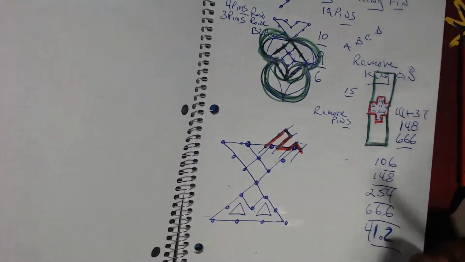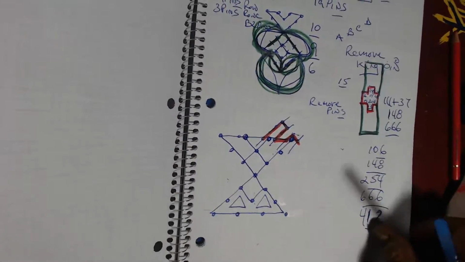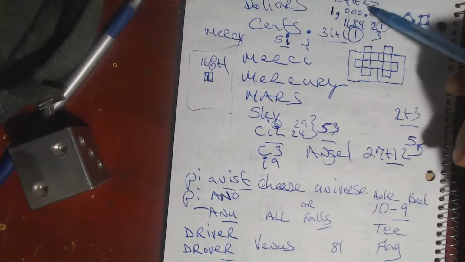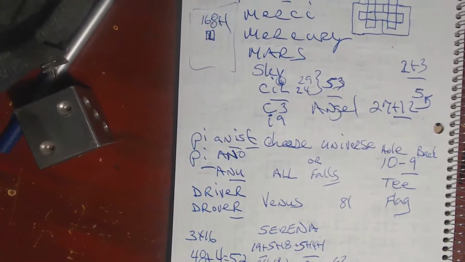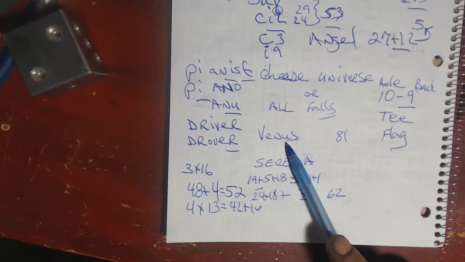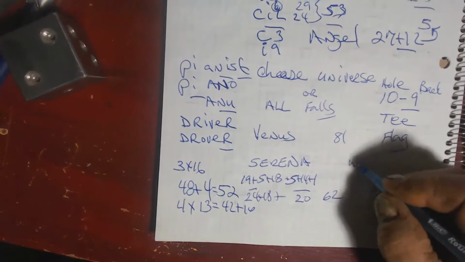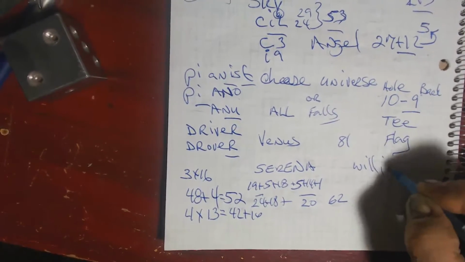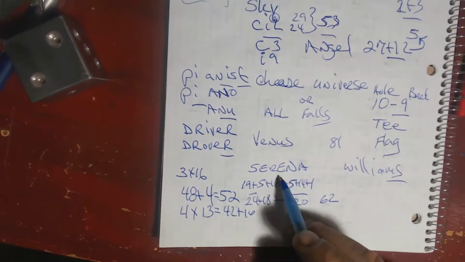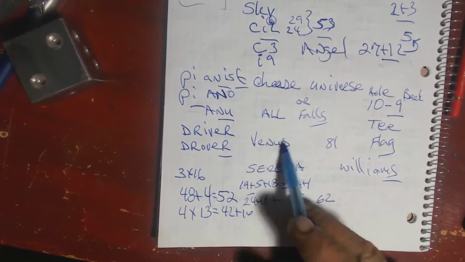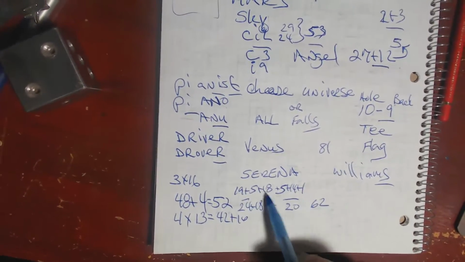We did a little bit of the bowling. There was something at the beginning. I don't remember the exact part of the beginning. We did the dollars and cents. Venus Williams and Serena Williams. I was working on their numbers. Venus, 81.